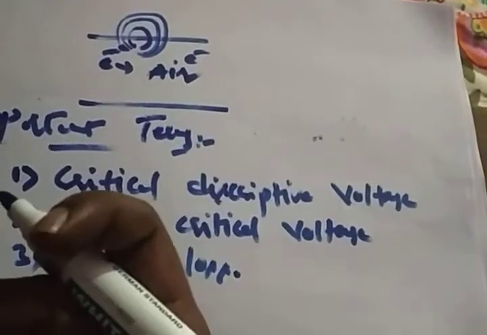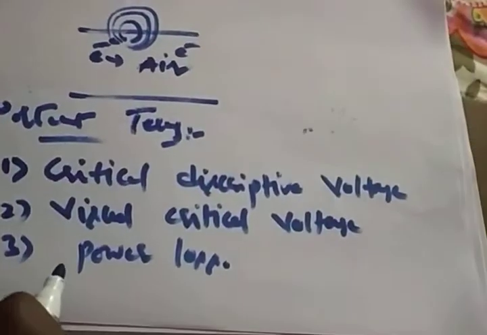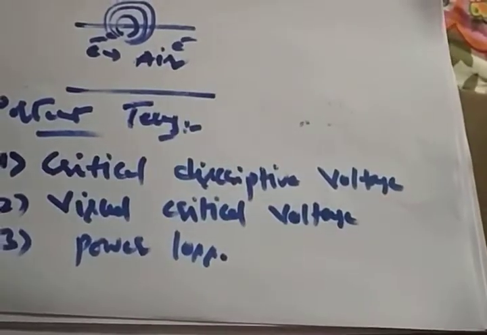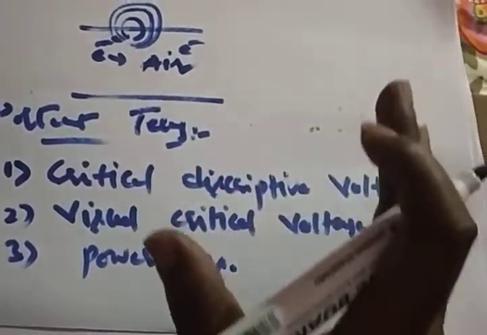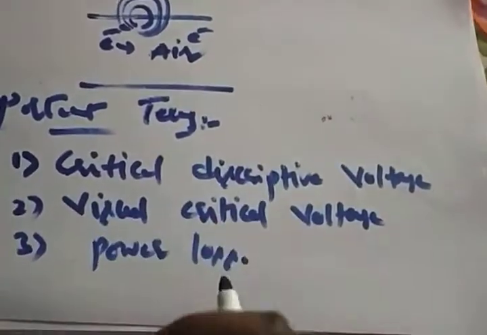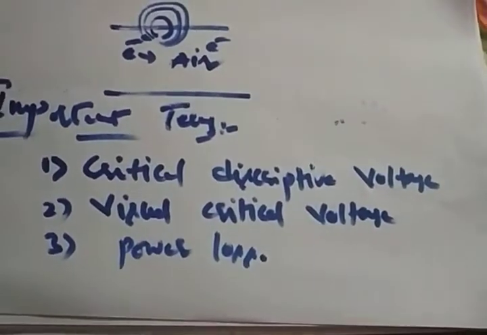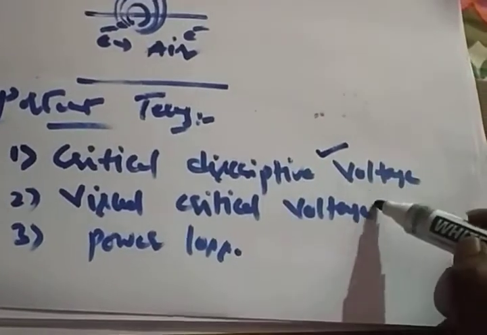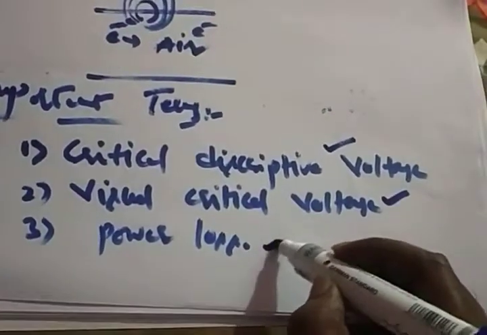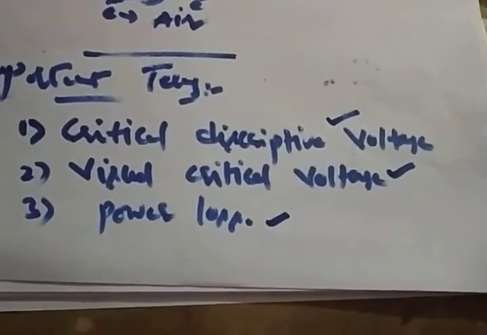We know that the phenomenon of corona plays an important role in a transmission system. So for the successful design of an overhead system, you should definitely follow these terms. What is the critical disruptive voltage, what is the visual critical voltage, and what is the power loss? Now each of them we will discuss.